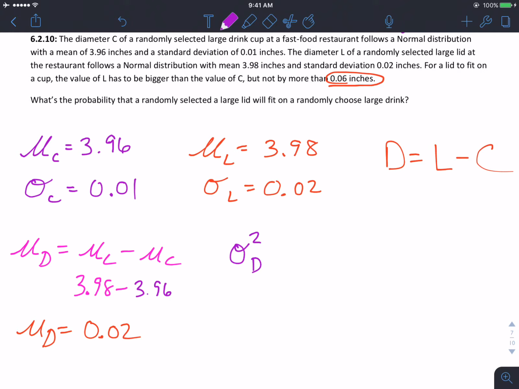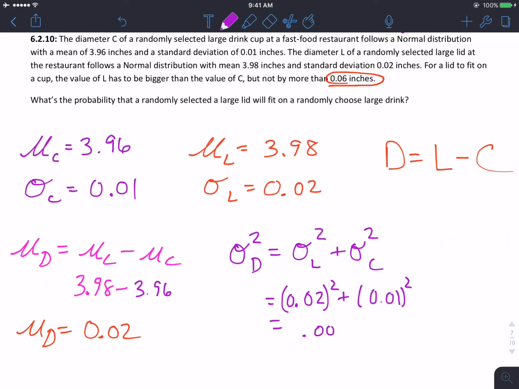But remember, we have to deal with the variance here. And that will give you this number right here.